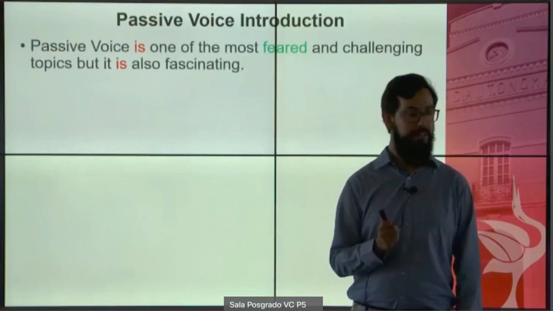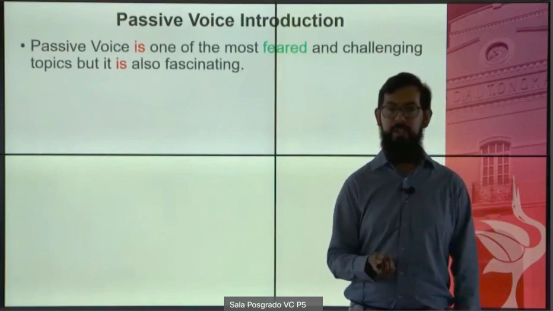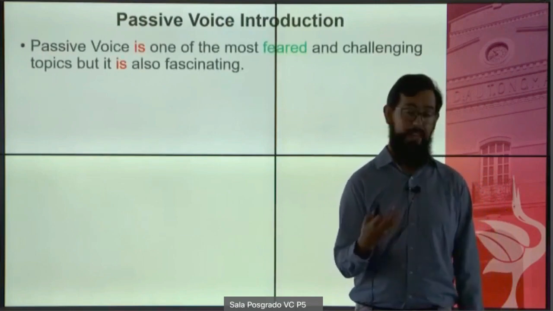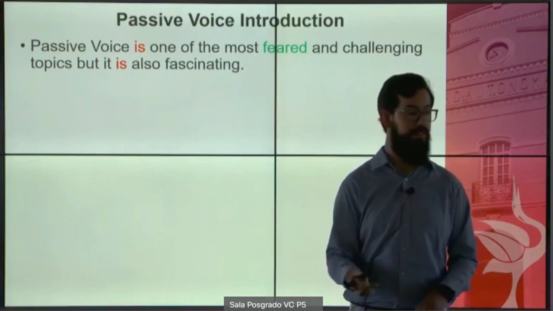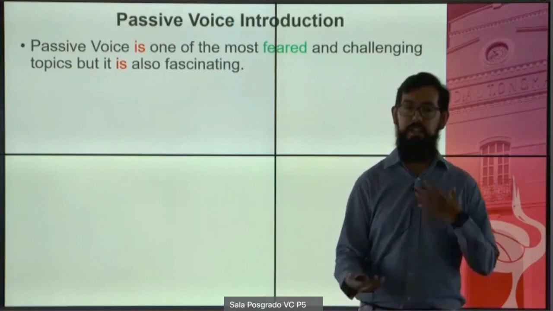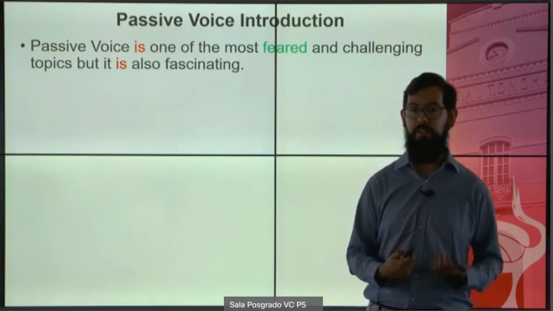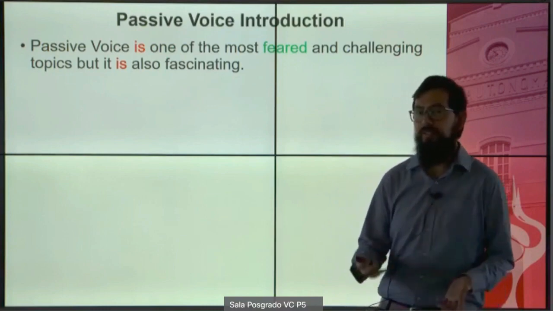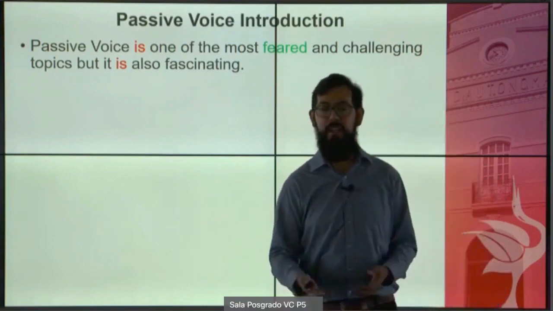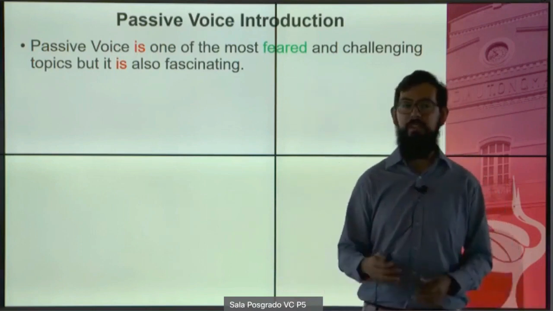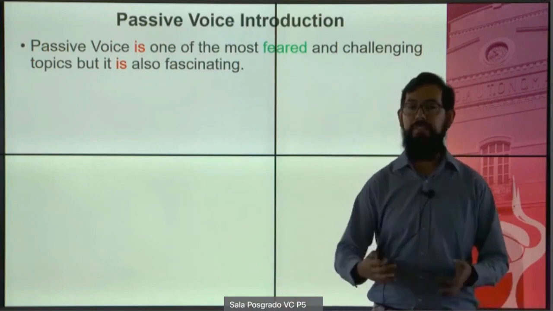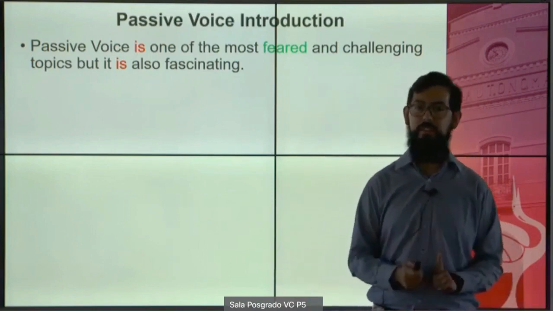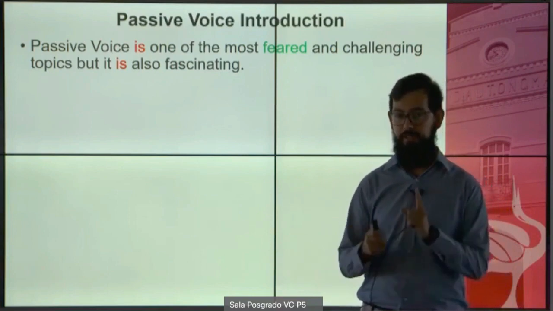Okay, good. Now the introduction to passive voice. Passive voice is one of the most feared, but also most challenging and rewarding, fascinating topics in English. It's personally my favorite topic in English. But a lot of students fear passive voice. They don't know how to make passive voice, or believe it's very hard. It is not if you use logic and observation.